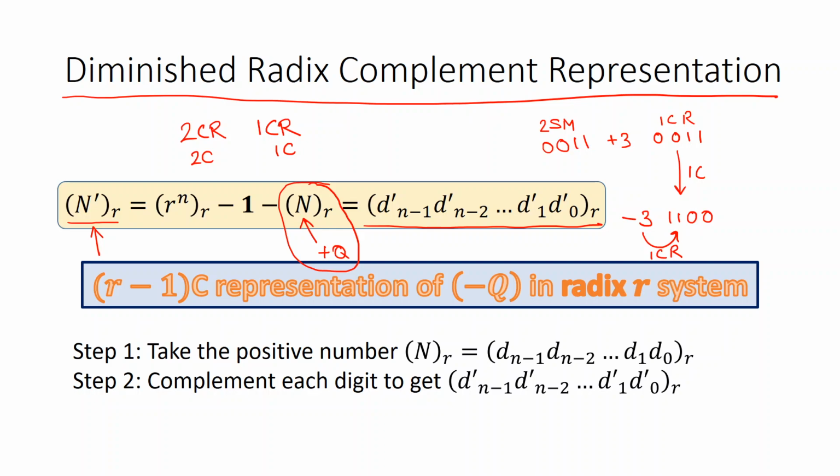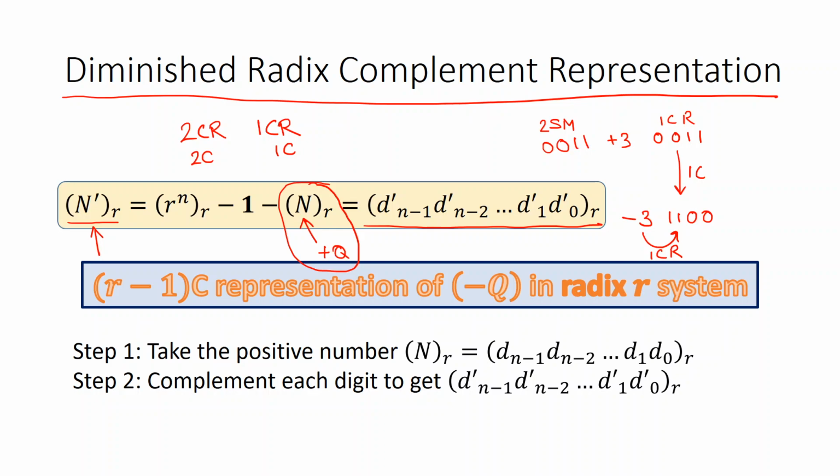So this is about representing a negative quantity in a complement representation. There are two types of complement representations: radix complement and diminished radix complement. There are no r minus 2 or r minus 3 systems. There are only r and r minus 1 systems.